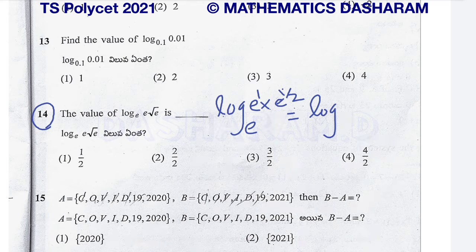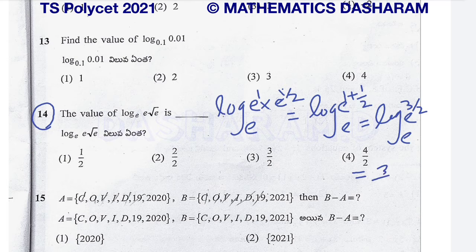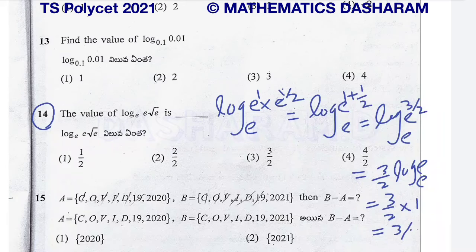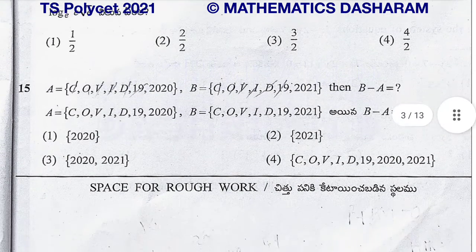So then e power 1 into e power 1 by 2 is e power 1 plus 1 by 2, base e. So 1 plus 1 by 2 is 3 by 2, log e power 3 by 2 base e. Now 3 by 2 into log e base e. So 3 by 2 into 1, it is equal to 3 by 2. Option 3 is correct.